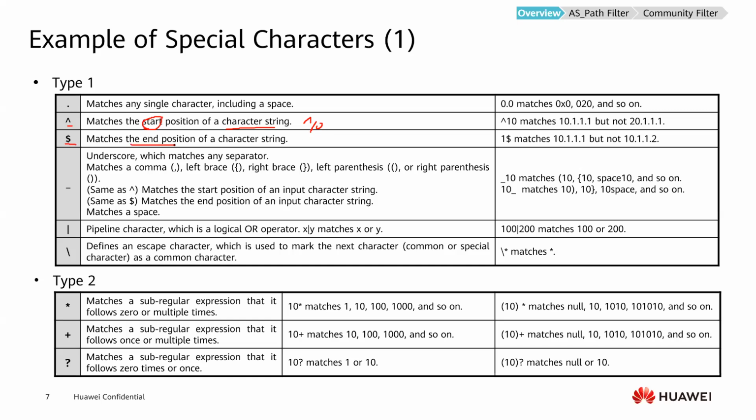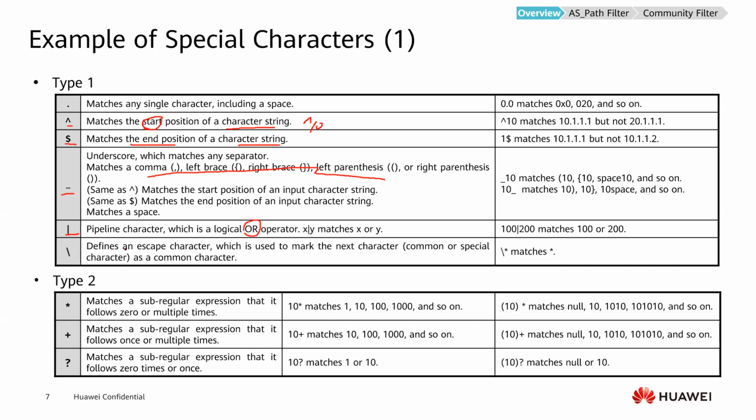The dollar sign is the end position of the character string. Then there is the underscore, which matches any separator, such as these letters, and you can also match some digits. The pipe character is just a logical OR. X pipe Y means you can match X or Y, one of them.